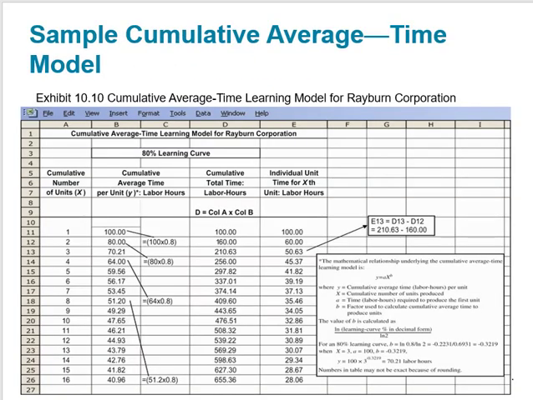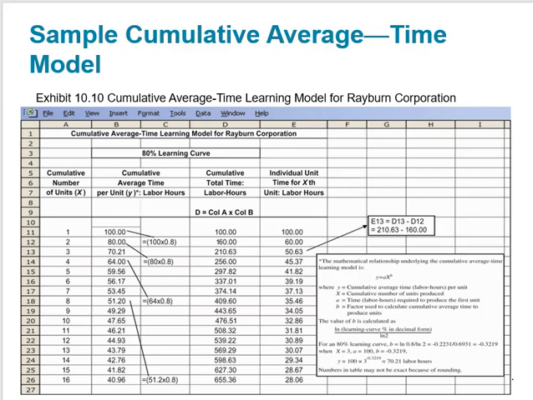I'm sure you can see all the detail here. This is in your textbook, though. This is Exhibit 10, and this is an example of a cumulative average time learning model, where the cumulative average time per unit declines by a constant percentage each time the cumulative quantity of units doubles.